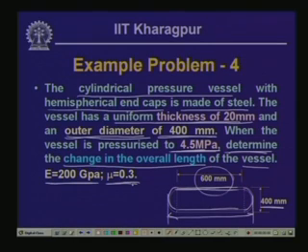Now, let us look into the evaluation of these values, that is, how much is the elongation or change in the length. The outer diameter of the vessel, d outer, is equal to 400 millimeter, and the thickness is 20 millimeter.